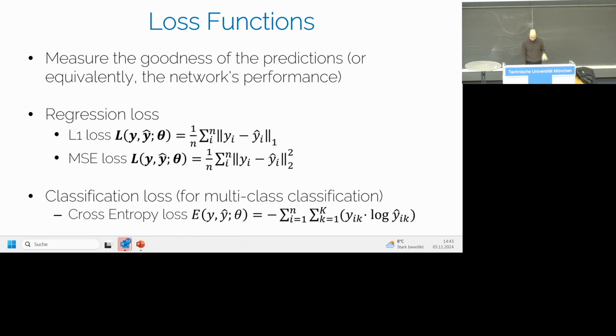For now, this is good. We have loss functions. We talked about different loss functions: L1 loss, the mean square error loss, the squared L2 loss, the entropy or cross entropy, binary cross entropy, and cross entropy loss for classification.